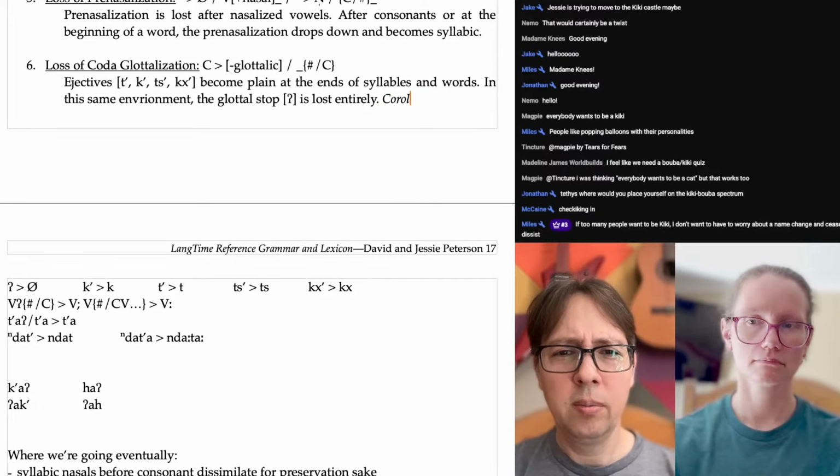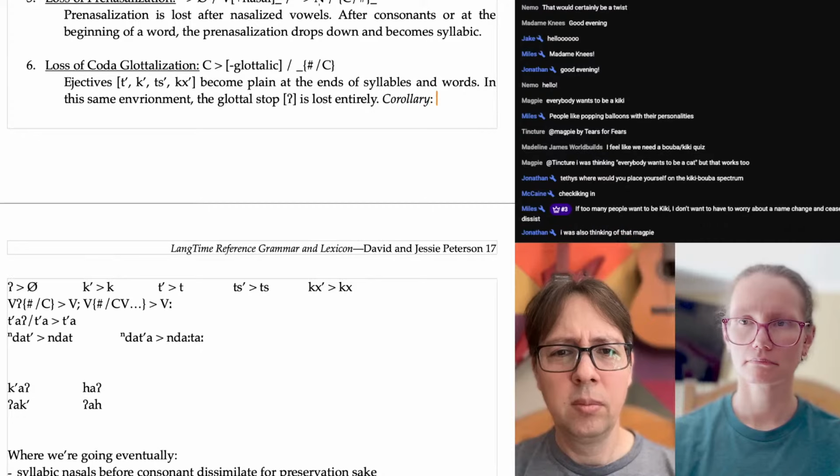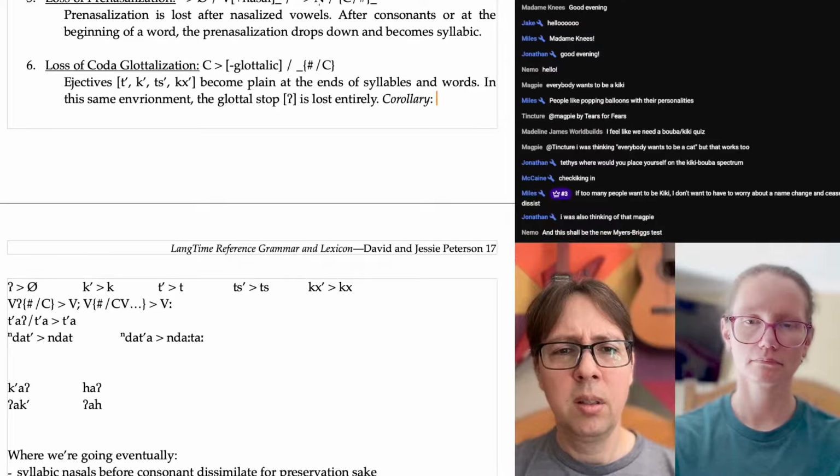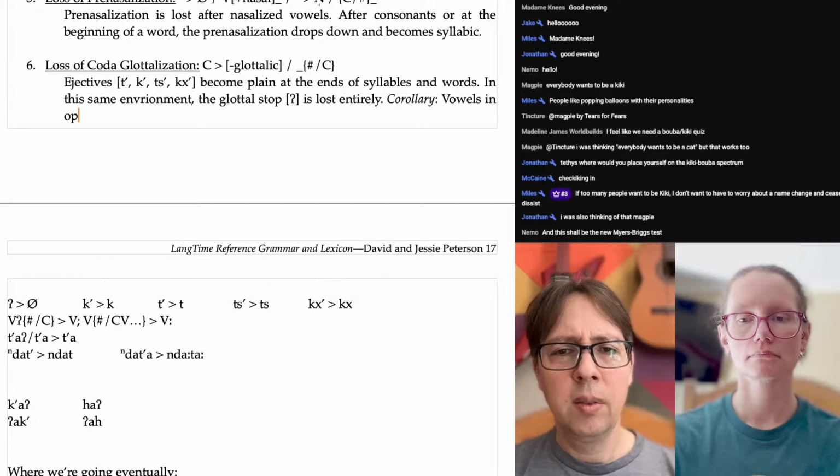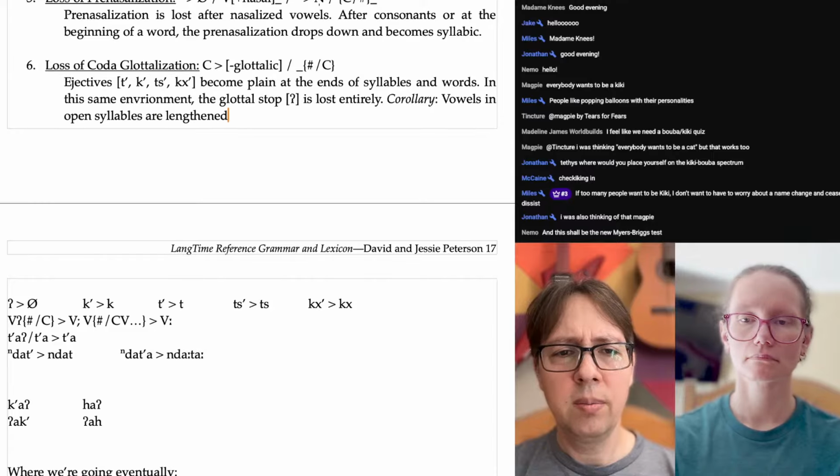Corollary. Vowels in open syllables are lengthened.